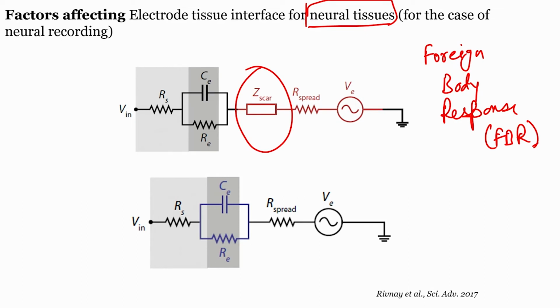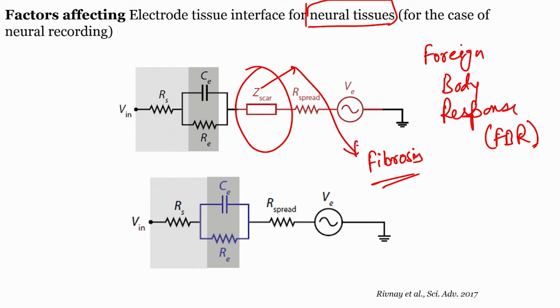It can cause breakage of the tissue, or it can cause blockage of the blood flow inside the brain. When such things happen, body has automated response wherein it will develop a protective coating around the electrode, and that is something called fibrosis. I am not going into the detail. And that fibrosis will prevent any kind of signal being recorded accurately. It will offer an impedance, and this Z scar is the impedance offered by this particular phenomenon.